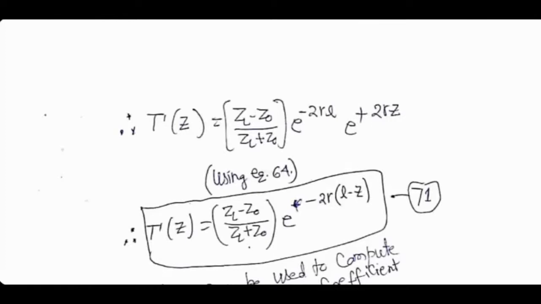The reflection coefficient will depend on load impedance, characteristic impedance, physical length, and the complex propagation constant. And of course, the position, small z, at which you are measuring it. For lossless line, obviously this will simplify slightly because gamma would become j beta.